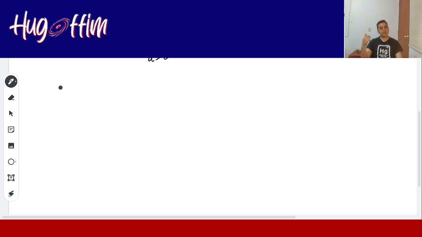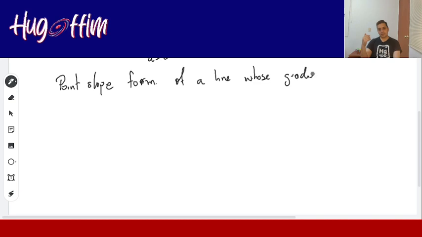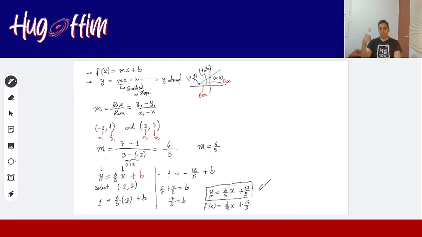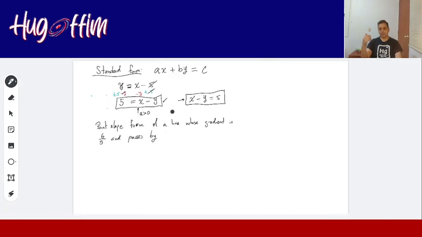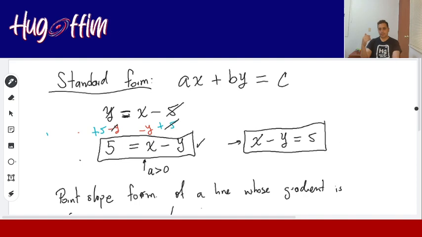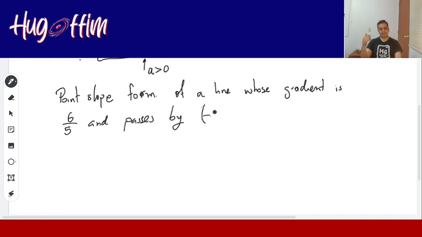So how would you do the point slope form of a line whose gradient is 6/5 and passes by the point -2? Okay, how would you do it? And put it in a standard form.